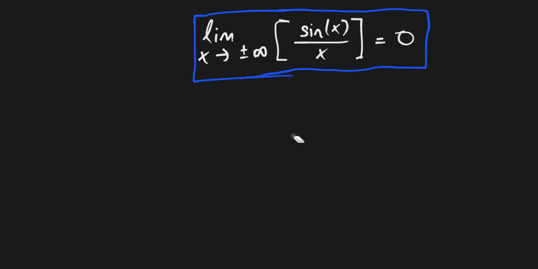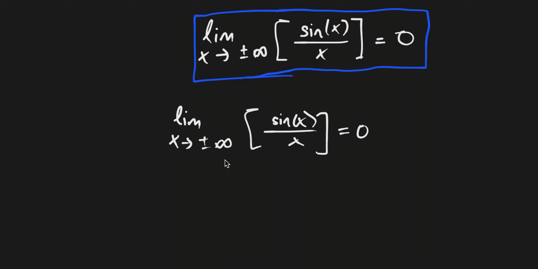So another thing that we discussed last time was the limit as x approaches 0 of sine of x over x. This is equal to 1.